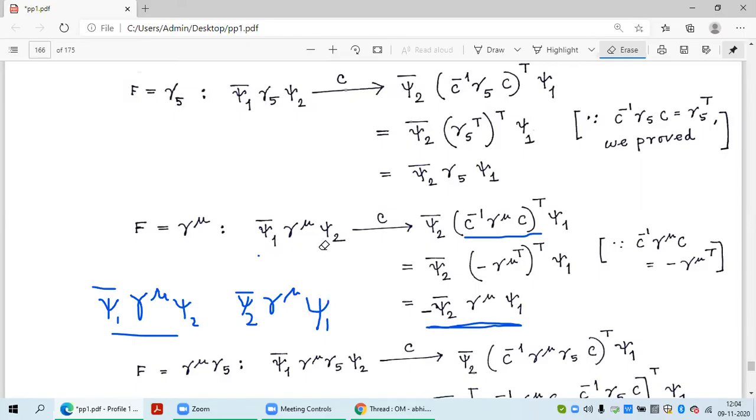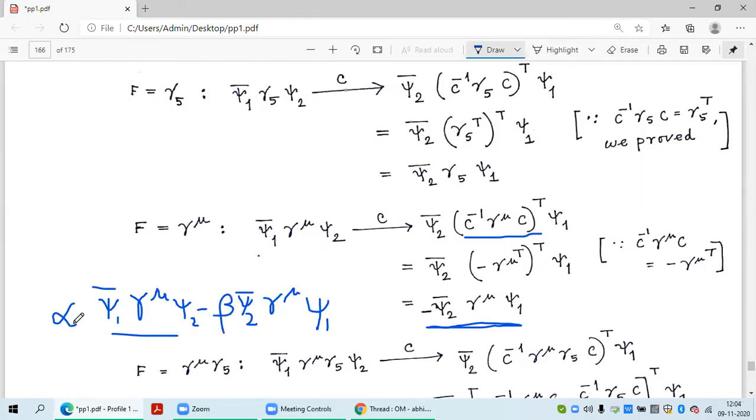Okay, but if you require that your final Lagrangian should violate charge conjugation, then you have to willfully take this plus sign here, or you can take alpha, beta with a minus sign.